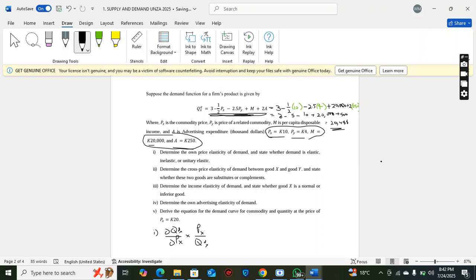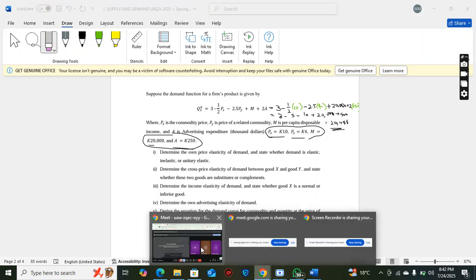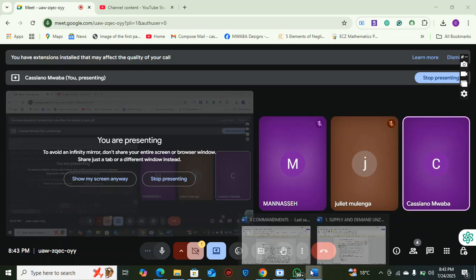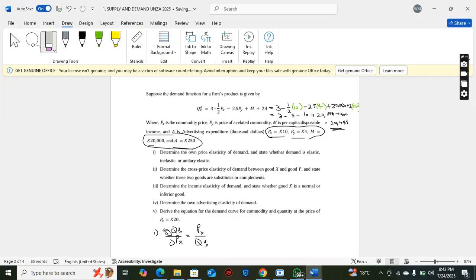So this is how we derive. When we say we're partially deriving with respect to Px, in simple words, it means in the demand function, if you do not see a Px with a number, that number disappears. This statement, partial derivative of Qdx over partial derivative of Px, is telling us that in this demand function, if a number doesn't have a Px, that number disappears.